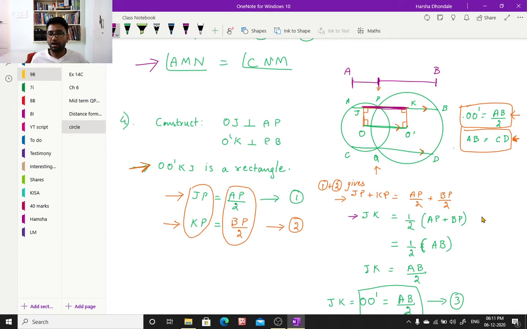So half of AP plus BP is equal to half of AB. Now we have JK is equal to AB by 2.